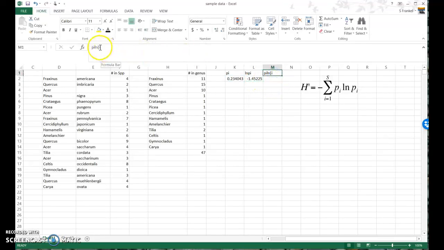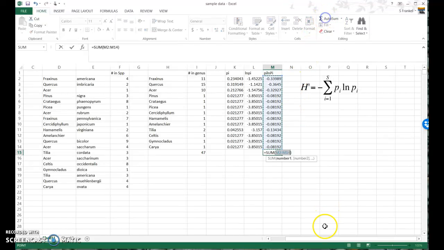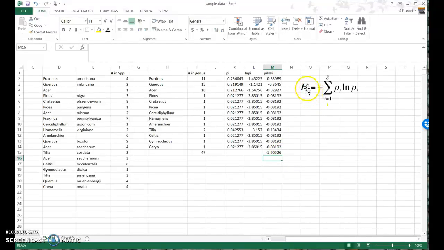And then we'll call P sub I times natural log of P sub I, get that correct, is going to be equal to that times that. Take those, copy that all the way down, sum, and that's going to give me my diversity index for genus. You would do the same thing for the data from species.